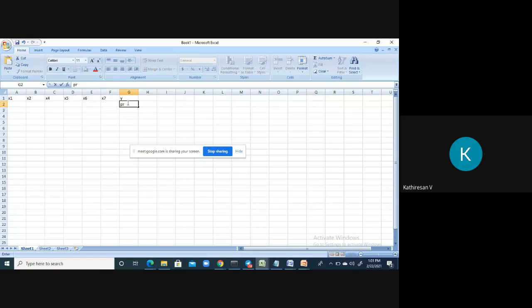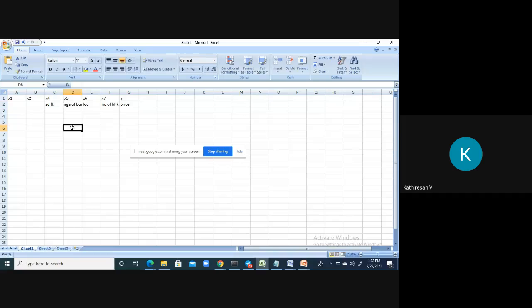Here we are having number of BHK, location, age of building, and square feet.